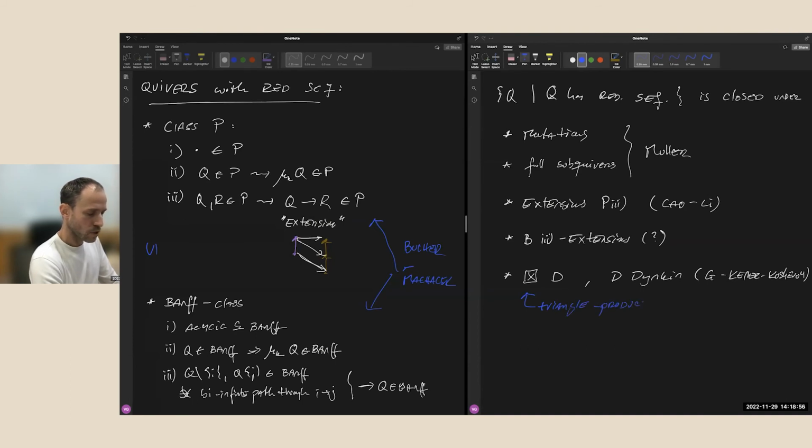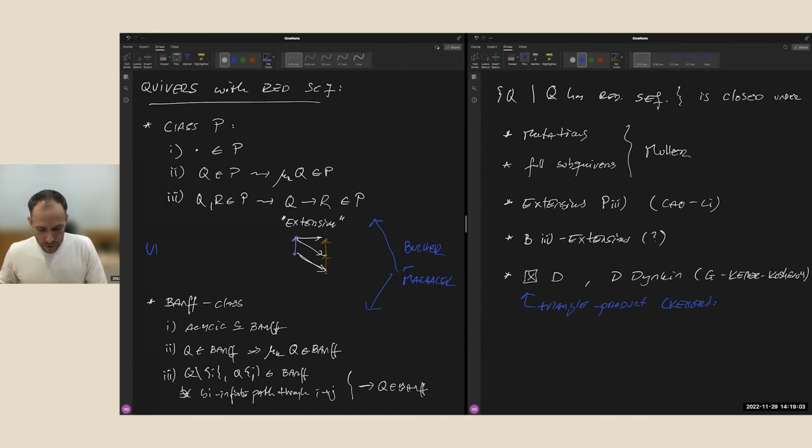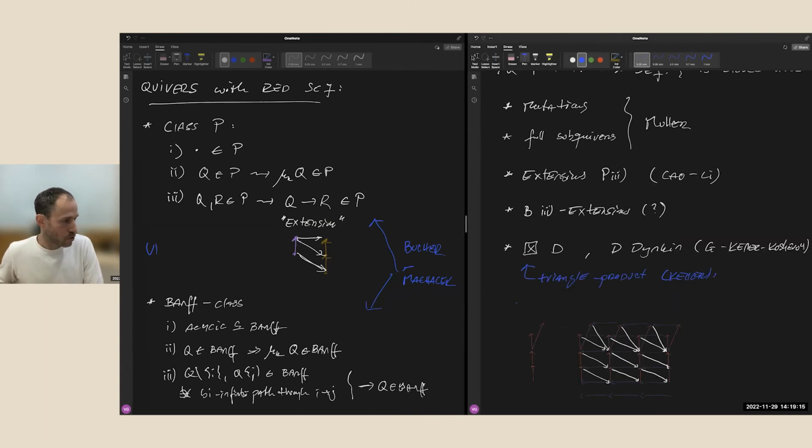And here this symbol denotes the triangle product defined by Keller, which one obtains by partially triangulating the product of two quivers. By partially, I mean one triangulates the product part. If the original quiver is triangulated, one leaves that alone, but triangulates whatever one can in the product part.